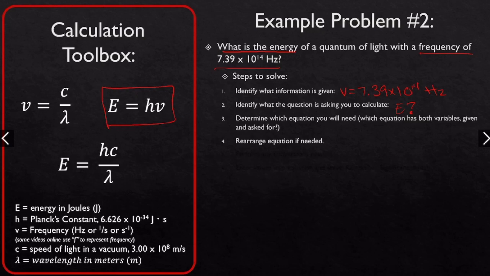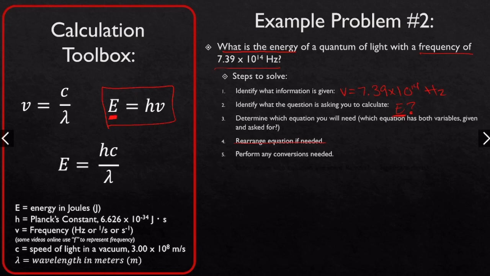I'm being asked to find energy, so that needs to be all by itself on one side of the equation in order to solve for that unknown variable. It's already written with energy all by itself, so I don't need to do anything to this equation. It's just great how it is. So score.